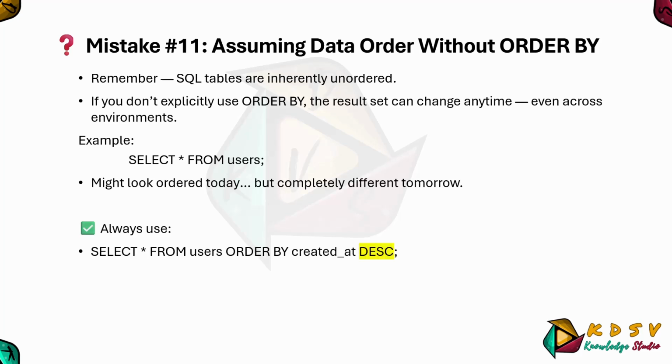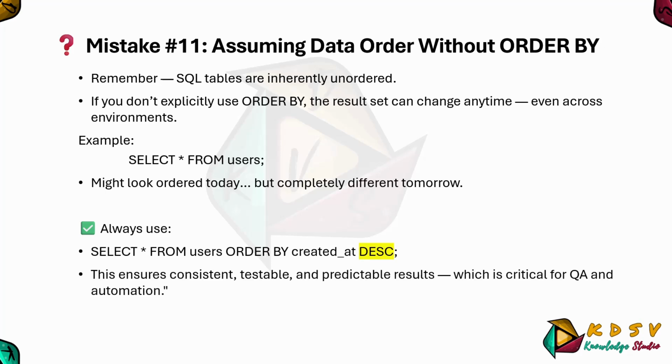Always use descending or ascending order as per your requirement. If you want the recently created records at the top, use SELECT * FROM users ORDER BY created_date. This ensures consistent, testable, and predictable results, which is critical for QA and automation.